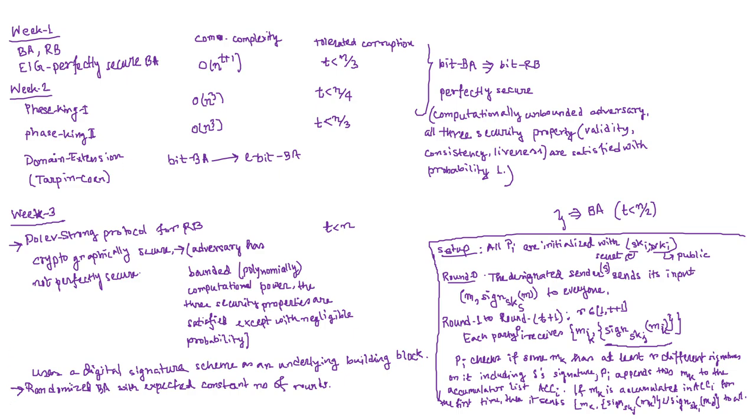However, in the randomized BA protocol, which is not perfectly secure, we are able to achieve a constant number of rounds. Again this is with n greater than 3t, and our expected number of rounds is a constant, which was shown by mathematical derivation to be 9.